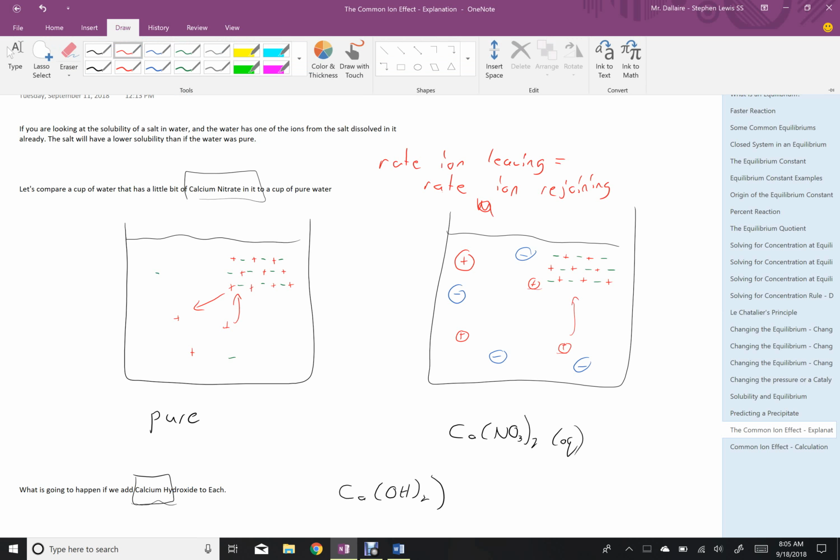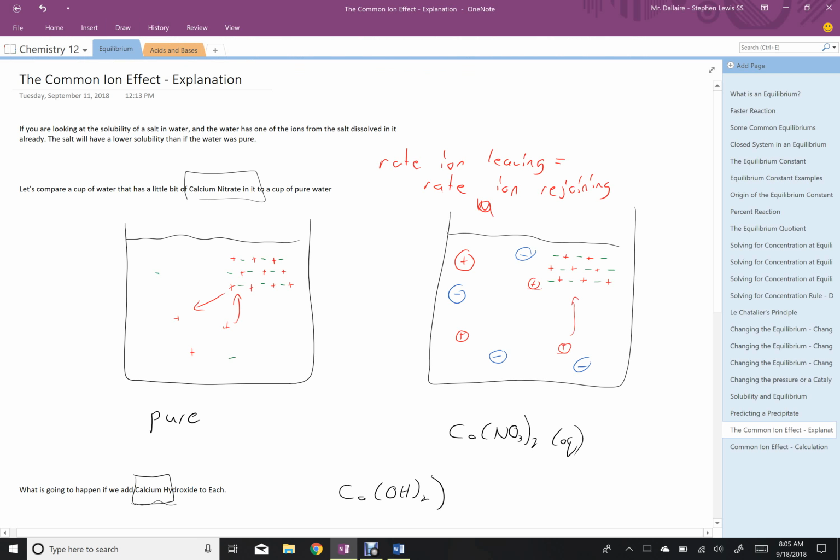There are no minuses, so the rate of leaving and the rate of rejoining can't be equal to start, but you really only need to put a very small number of minuses leaving the crystal going into solution before the pluses that are available work with the minuses to rebuild the crystal as fast as it was being depleted.